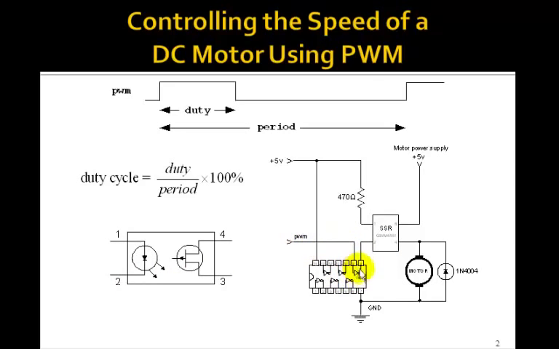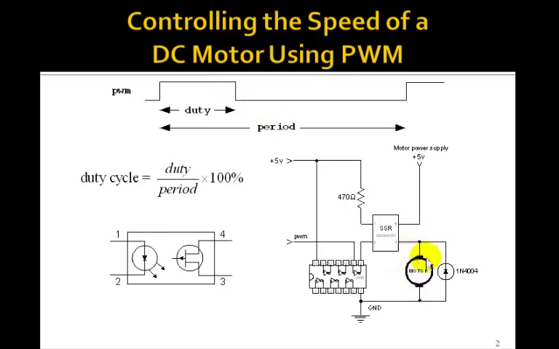I show it going through an inverter, so that when the PWM signal is high, this is low, and that turns on the LED, and therefore turns on this transistor, and therefore turns on the motor. And when the PWM signal goes low, the output of this inverter goes high, the light goes off, and essentially the motor goes off. So you're turning the motor on and off very rapidly to control the speed.